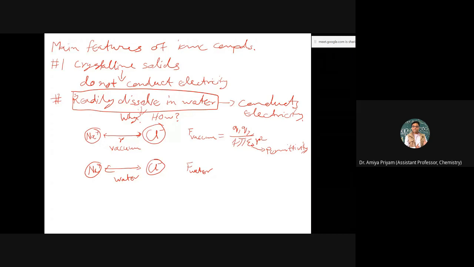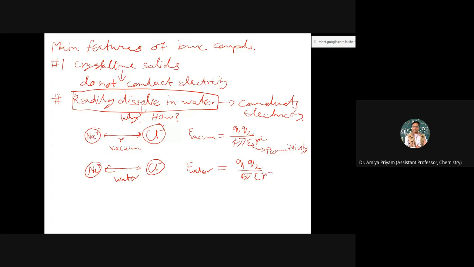When the same thing is put in water, this permittivity is reduced, and the force in water will be reduced, and you have epsilon, which is represented as epsilon.